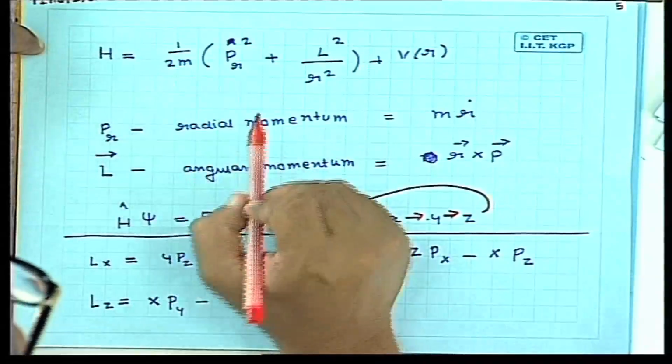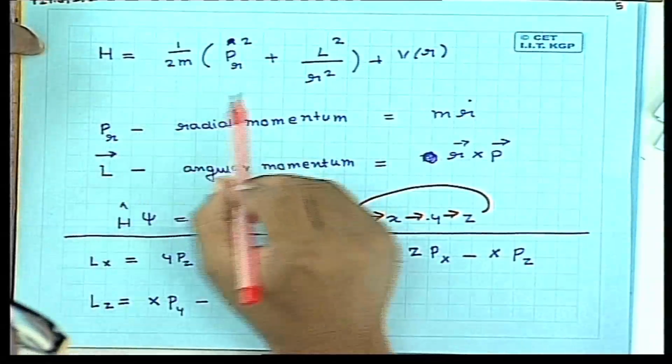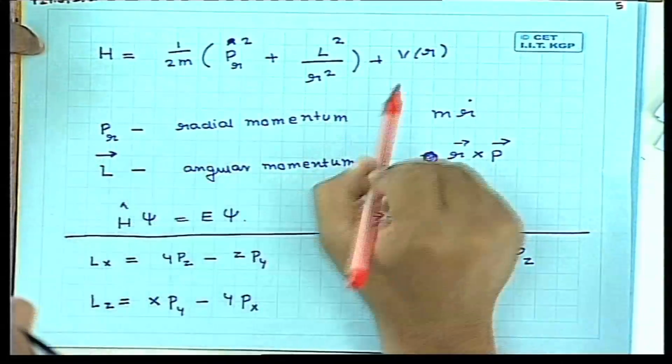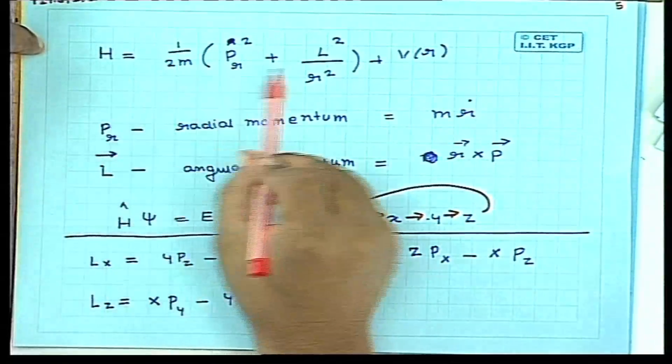I have already told you that the classical Hamiltonian for any particle in a three-dimensional potential can be written as 1 by 2m the radial momentum squared plus the angular momentum squared by r squared, plus the potential. This is the classical Hamiltonian.